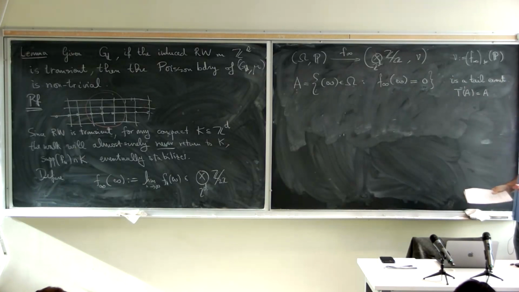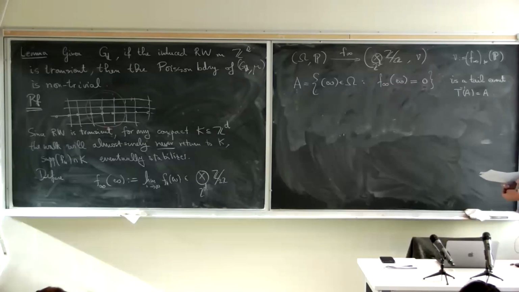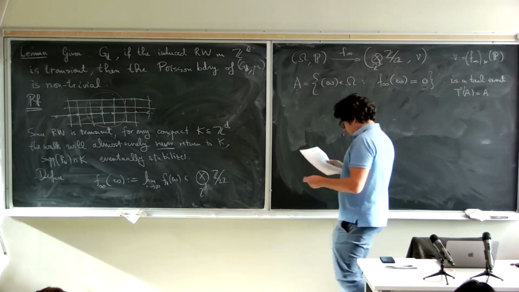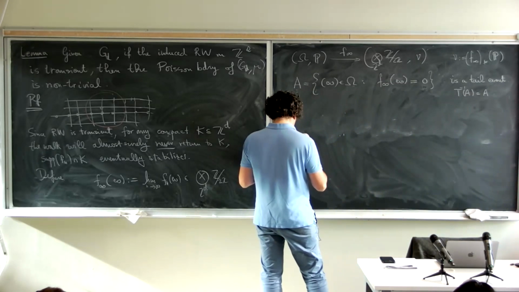We said this before, that boundary trivial means that the only tail events have probability 0 or 1. But this event has neither.